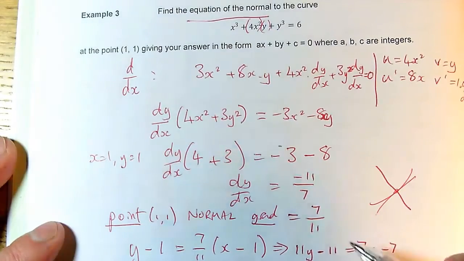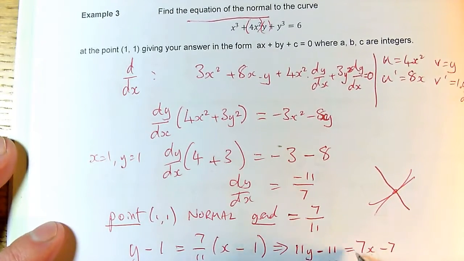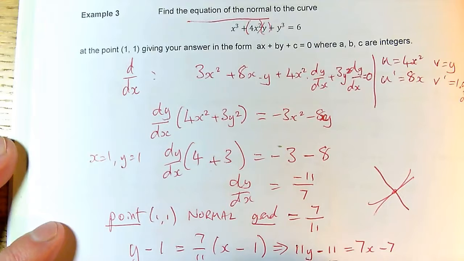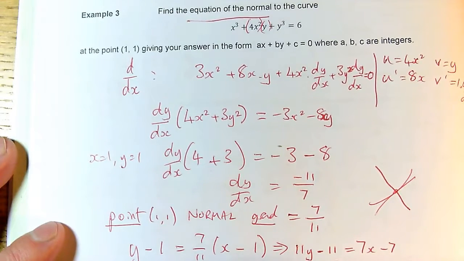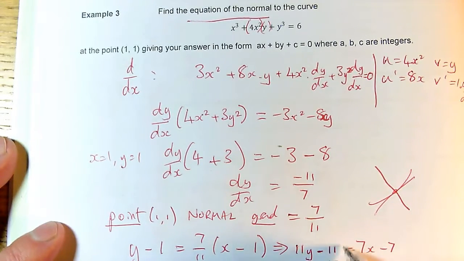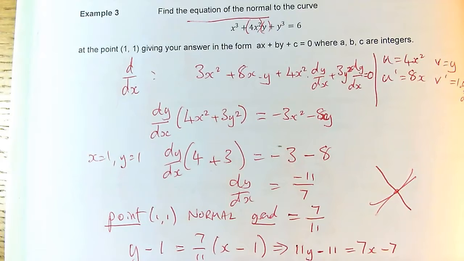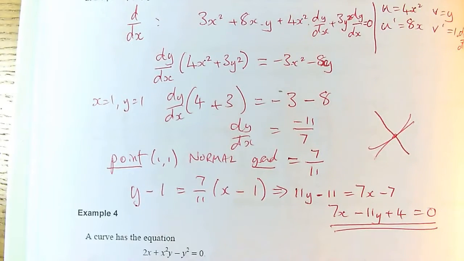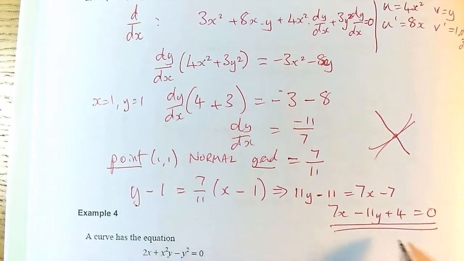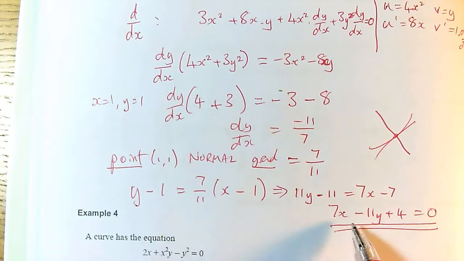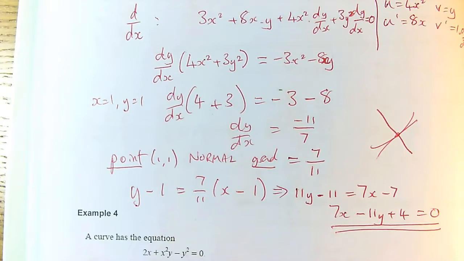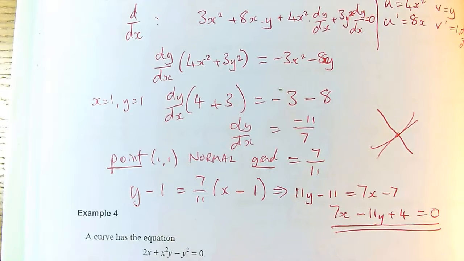So putting it in this form, I've got 7x, taking terms on this side, minus 11y, minus this 7, but plus this 11, plus 4. And that equals 0. So there is my equation of my normal. I did it here, yeah? Okay, so from there I got to this. So that was all fun and very pleasant, and hopefully it made sense.